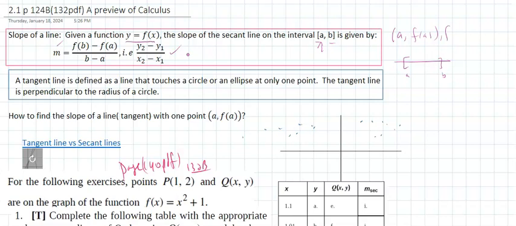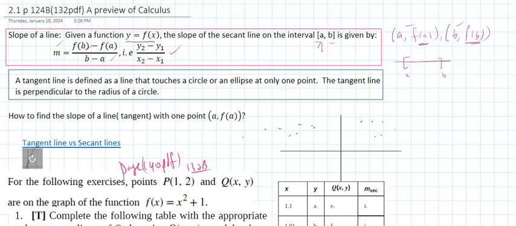And if I substitute b in, f of b, the slope will be y2 minus y1 over x2 minus x1. So it's nothing more than the traditional slope of the line.